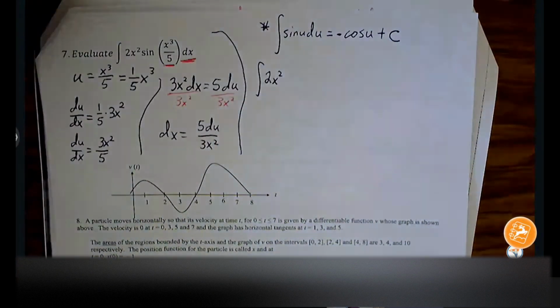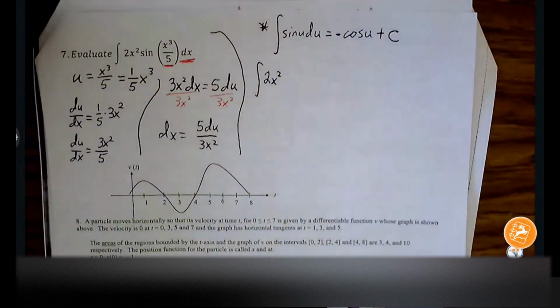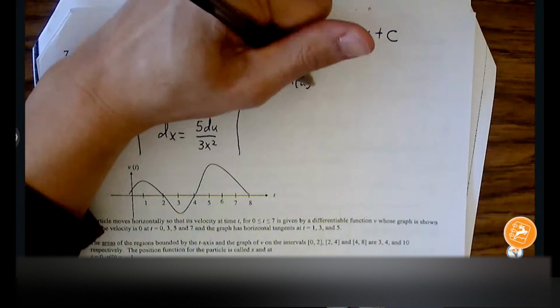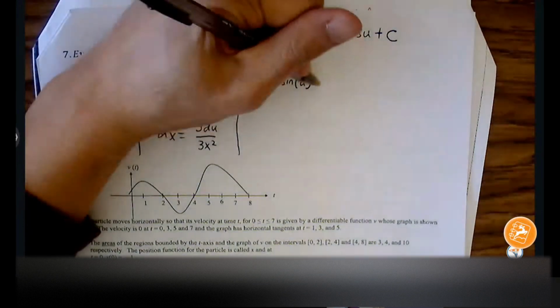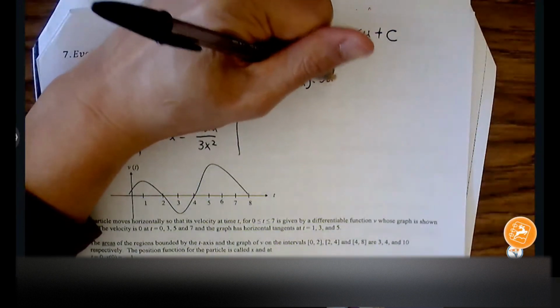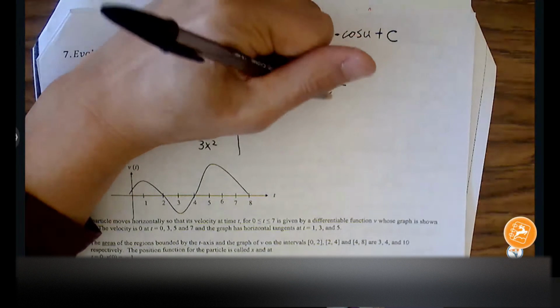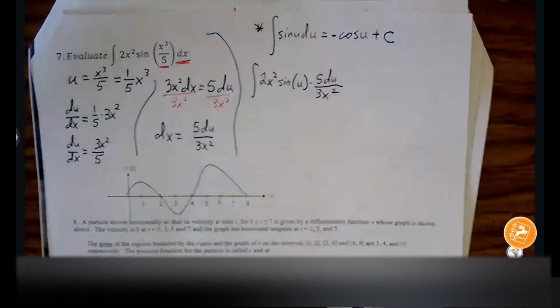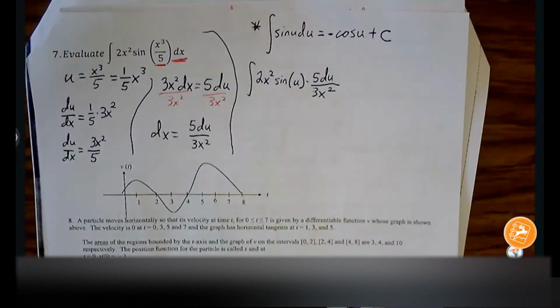Okay, so 2x squared stays. I'm just going to replace what I underlined initially. All right, so what do you see here? What works out nicely here? What's the important thing that needs to go away and does go away?